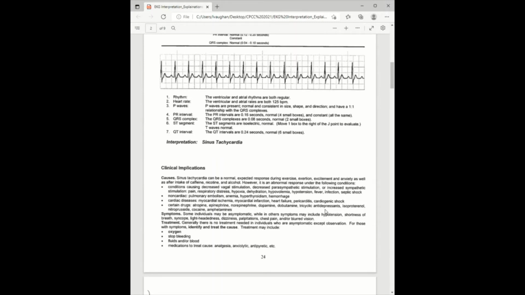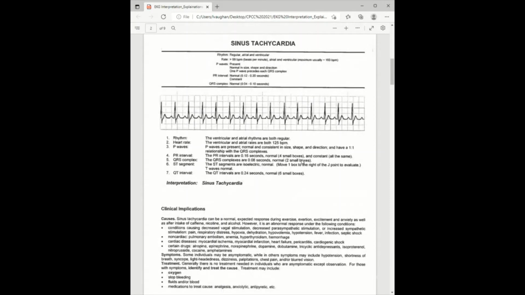If the sinus tachycardia is coming from hypovolemia, whether it's coming from hemorrhage or diarrhea and vomiting, we're going to give fluids as ordered. If it's coming from hemorrhage, we stop the bleeding, and we may give blood as ordered.